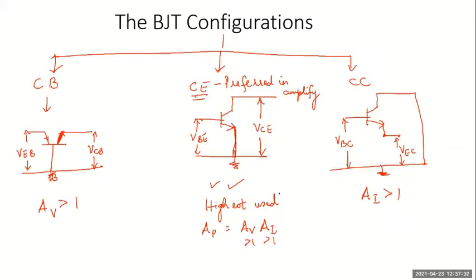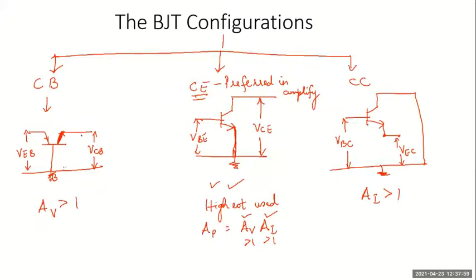Yes, ma'am. Okay. So here the common emitter is preferred in all amplification applications, mainly because it provides both voltage and current gain greater than 1. It can give us a very large value of voltage gain as well as a large value of current gain.